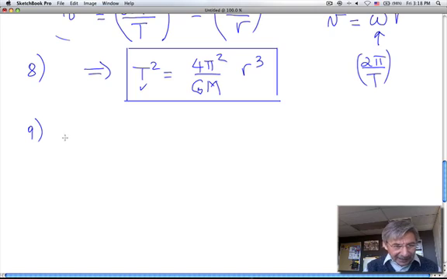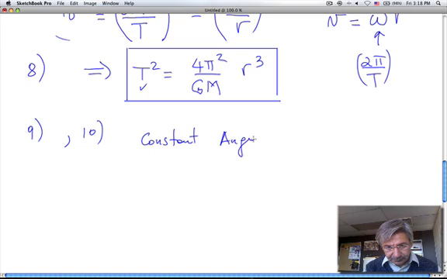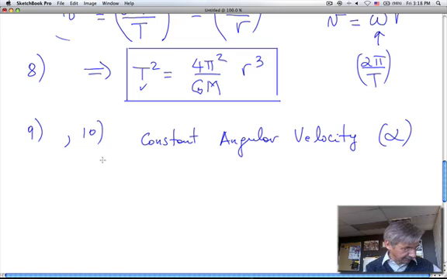And problem number 9 and problem number 10 are problems of constant angular acceleration alpha, we deduced the equation this morning.